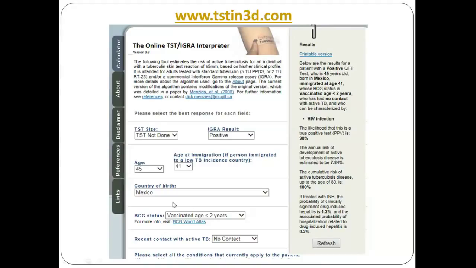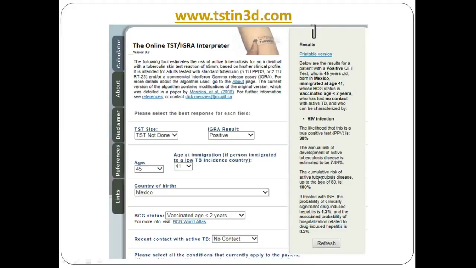So, going back to this patient, the likelihood that this is a true positive test is 98%. And then it also gives you an estimate of the annual risk of developing active tuberculosis disease. So you can give these numbers to your patient, and that way your patient can make a good decision.